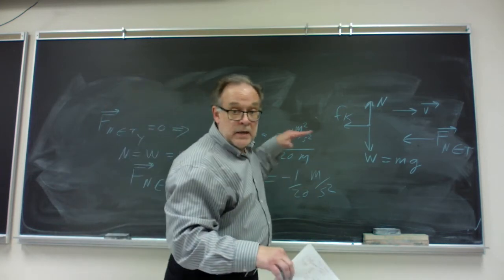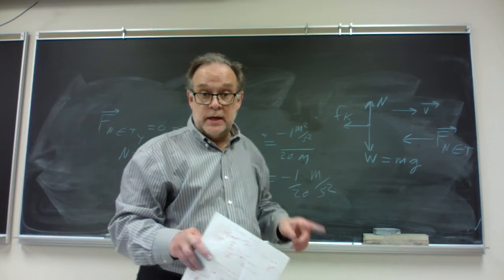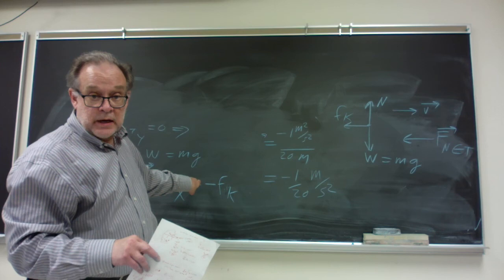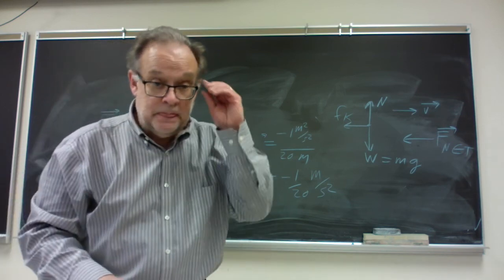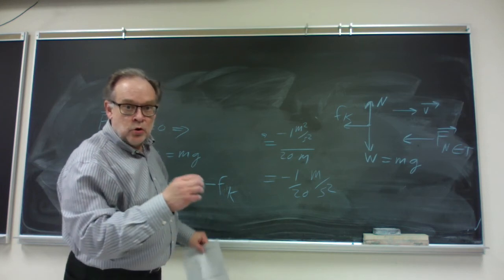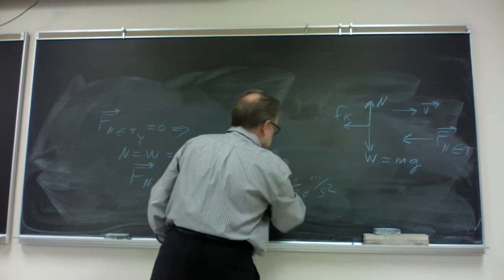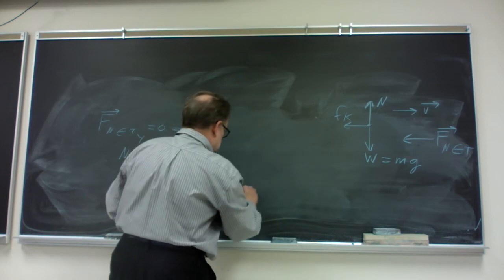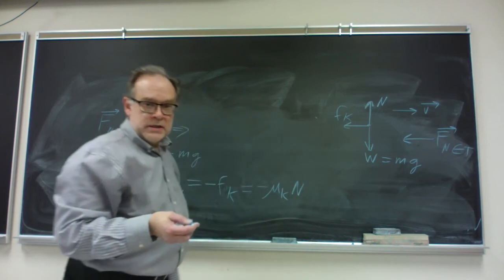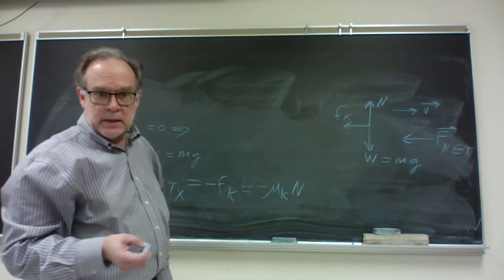I decided that the positive direction was this way and kinetic friction points the opposite way, so it points in the negative direction. So when I put it into the force equation, I have to put it in with a minus sign. And of course, kinetic friction is coefficient of friction times normal. And the normal force is, again, like in the previous two examples, weight, mass times g.